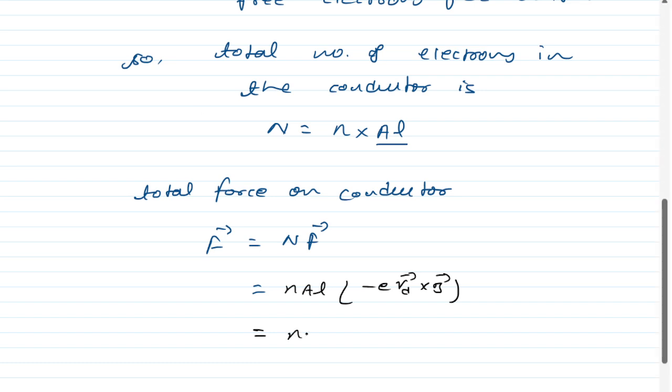So this will become neAL, and here it is minus Vd cross B.